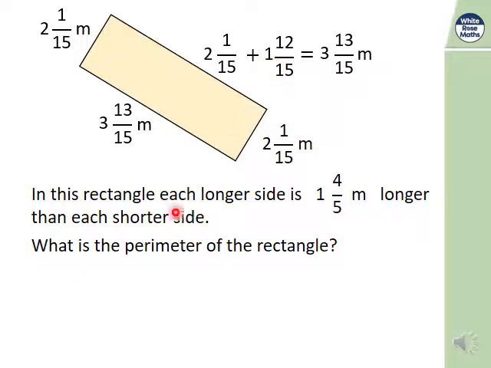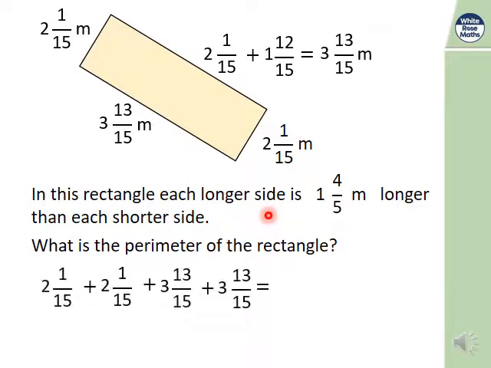We then need to answer that question: what is the perimeter of the rectangle? So we would have had to add those 4 mixed numbers together. And like we've been doing before, if we get our whole numbers, 2, add 2, add 3, add 3, that would have given us 10.